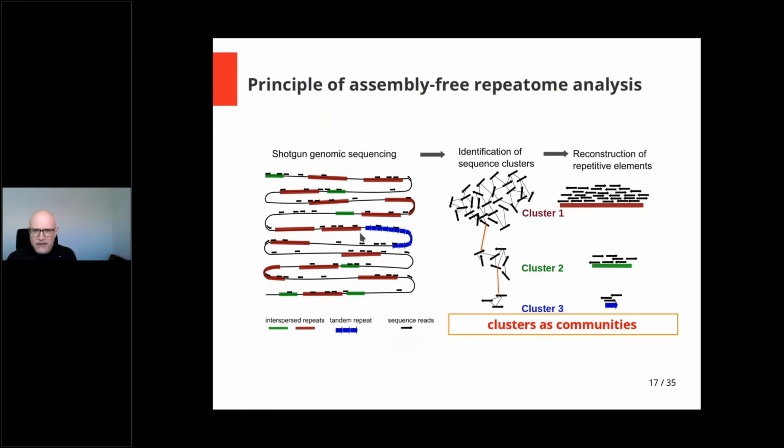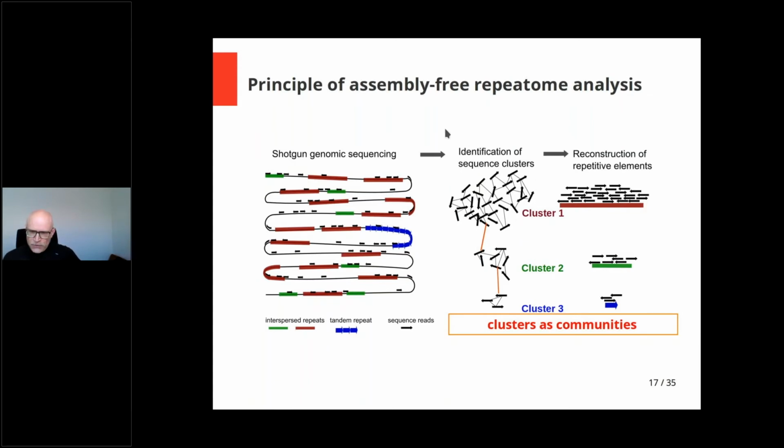So at the beginning, you are using some shotgun genomic sequences with a low coverage, which is usually less than 1x. And because repetitive sequences, which are here represented as these colored blocks, and the reads are black arrows.